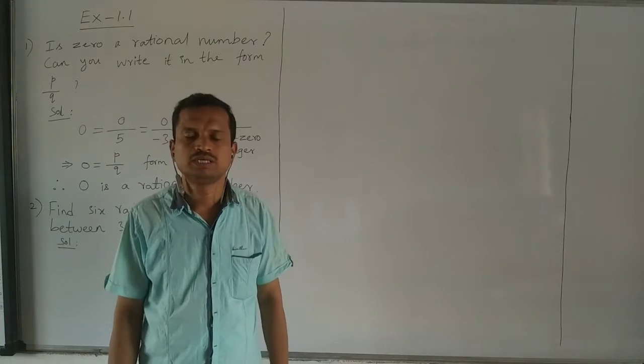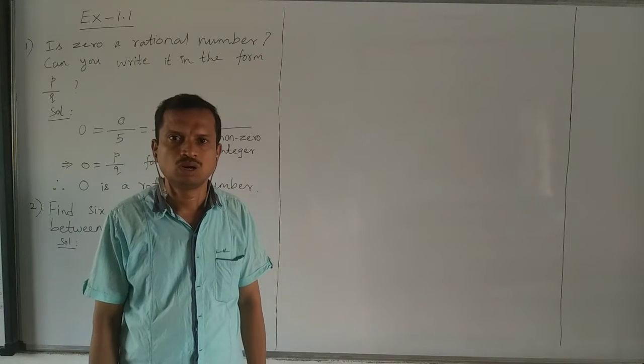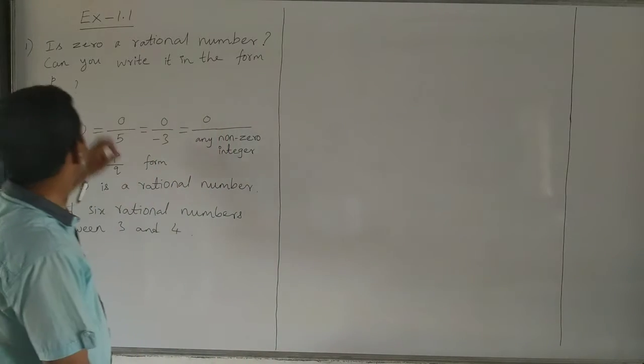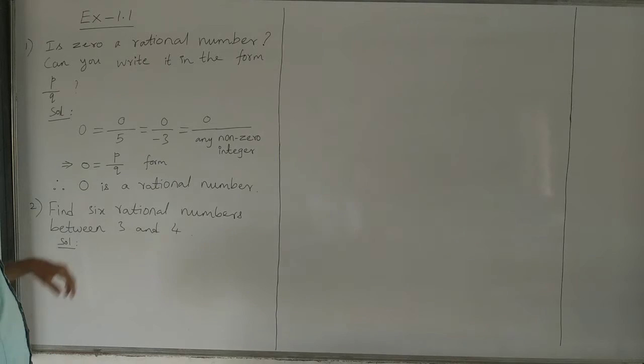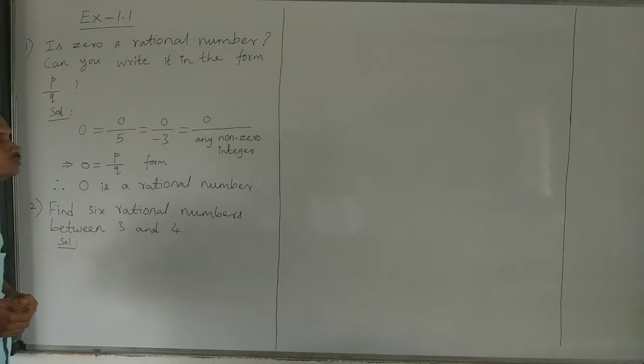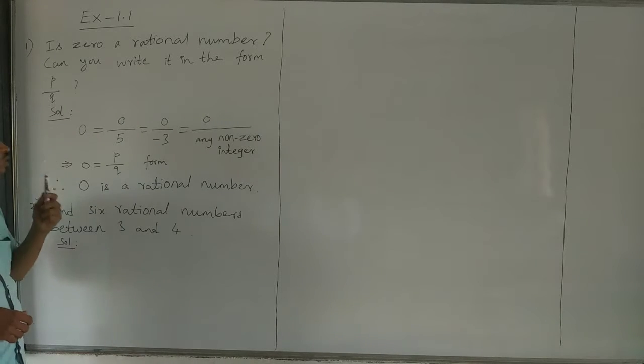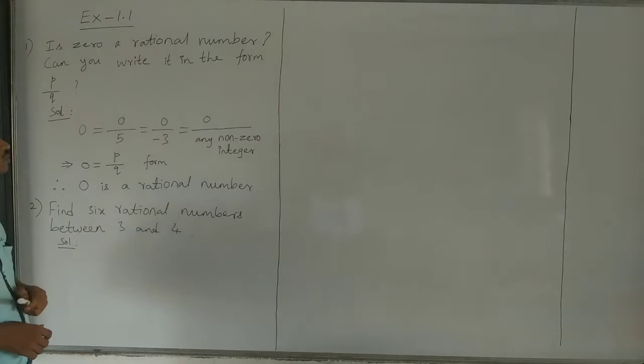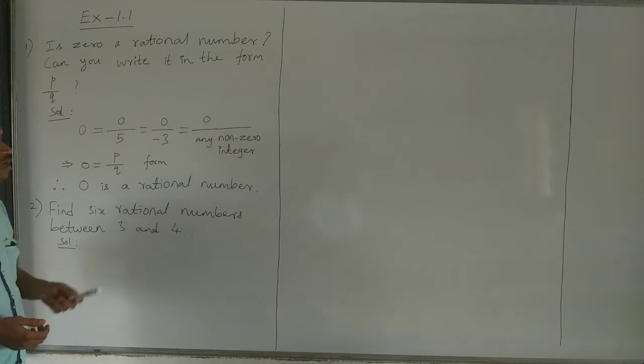And now coming to exercise 1.1. The first question: is 0 a rational number? Can you write it in the form p by q, where p, q are integers and q not equal to 0? That's the condition for rational numbers. So you can write 0 as 0 by 5 or 0 by minus 3.